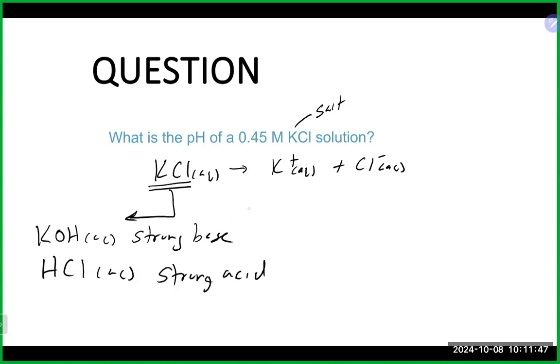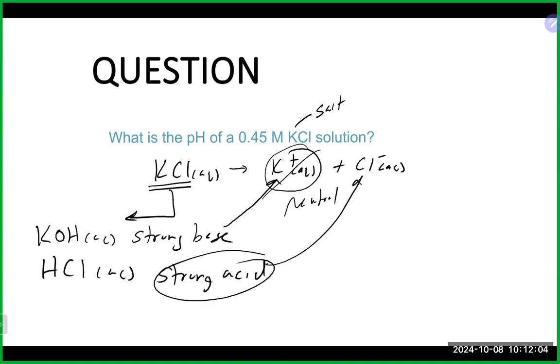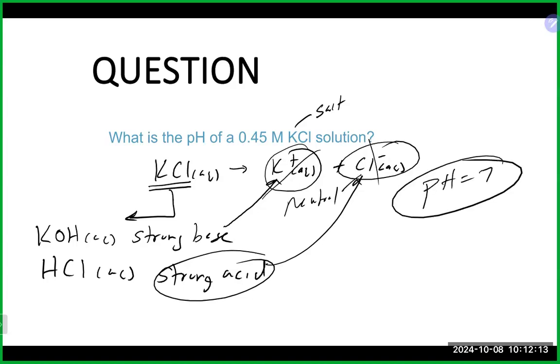That means K came from a strong base, so it's going to be neutral. It is not going to be strong at all. It's going to be weak and not react with water. The Cl minus, which came from our strong acid, also is going to be weak and will not go through hydrolysis, which means it's also going to be neutral, so there's actually no calculation here. The pH should be 7, as that is considered a neutral salt.